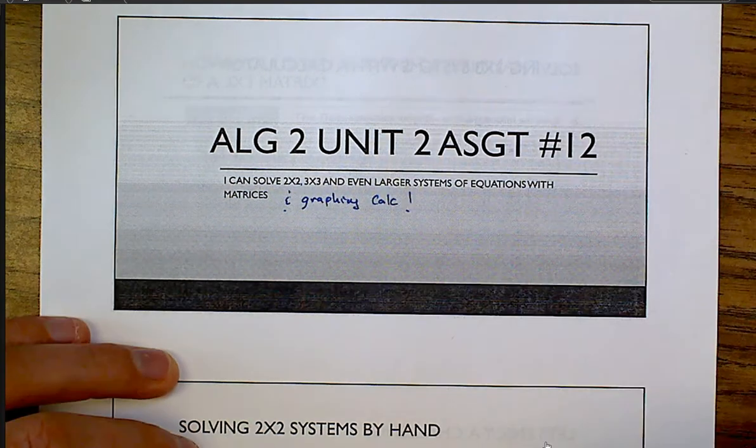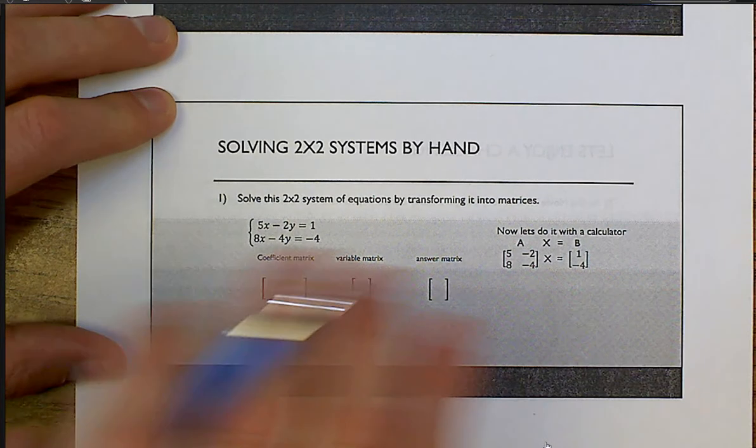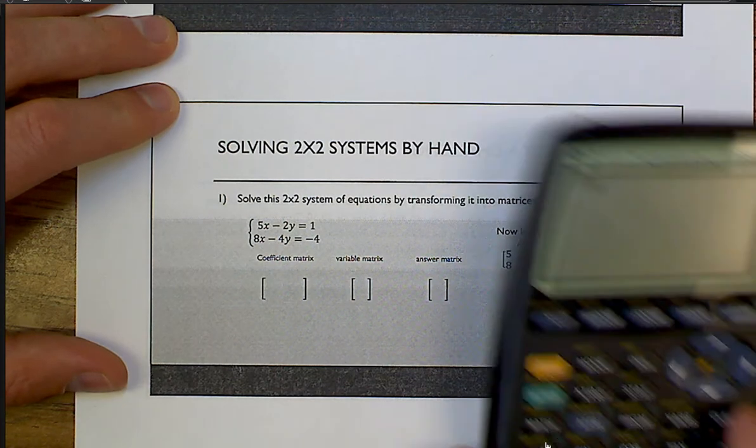Now, we're still going to be solving matrices, and what held true from the last lesson is going to hold true here, especially when we start using the graphing calculator.